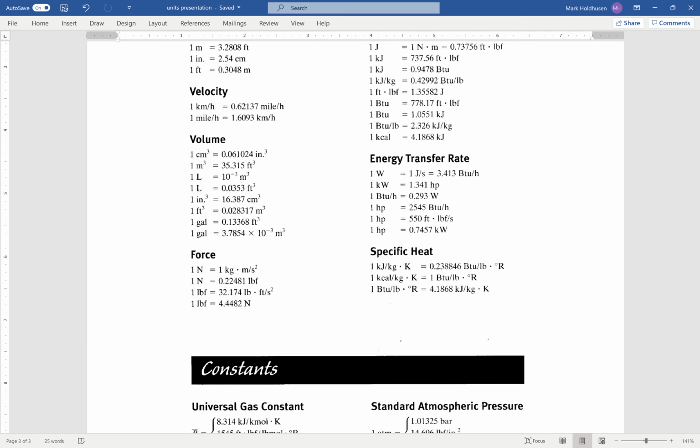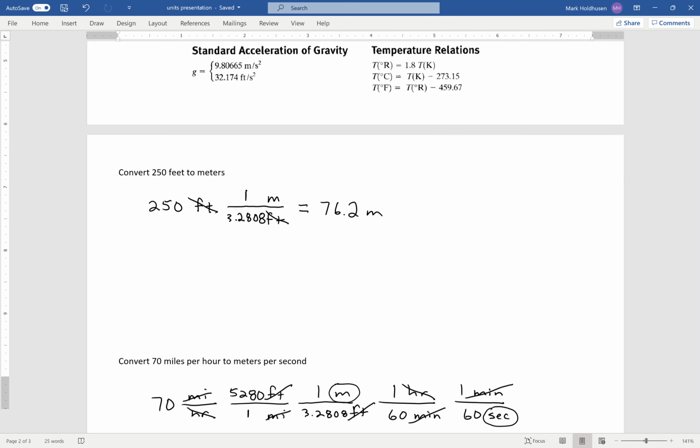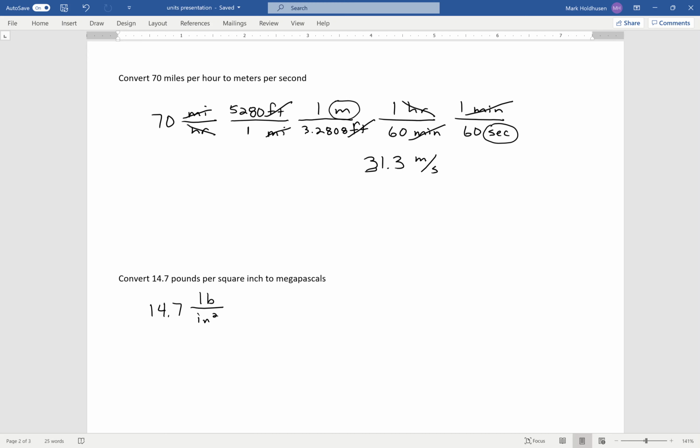So I recognize that I have right here 1 pound force equals 4.4482 newtons. So I'll start with that one. Again, I want pounds on the bottom. So I go 1 pound, and then on the top I have 4.4482 newtons. So that pounds kills that pounds.